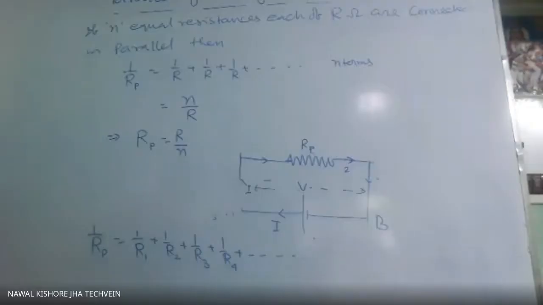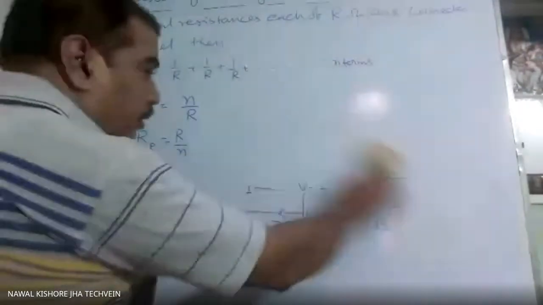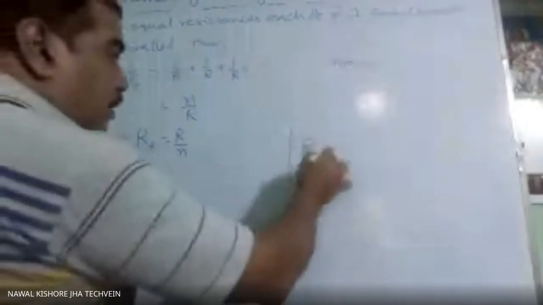Yesterday we have seen the series equivalent. When n resistances are connected in series, what was the equivalent resistance? The series equivalent for the same condition was n into R. But here it is R over n.